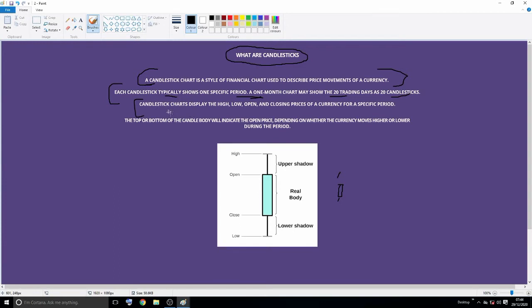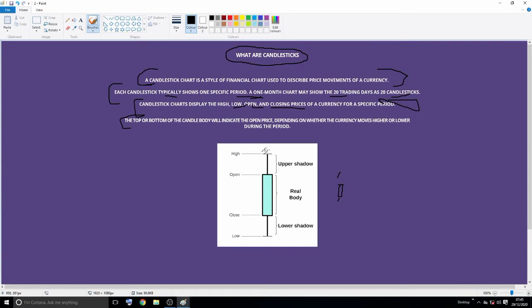Candlestick charts display the high, low, open and close price of a specific currency pair. Remember last week we touched a bit on this. The top or bottom of the candle body will indicate the open price, right? Depending on whether the currency moves higher or lower.